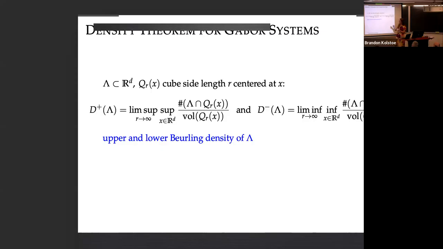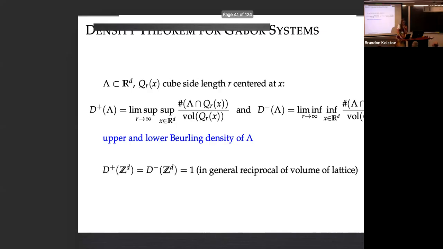Now I'm just going to take the 2 mentions of sup and replace with inf, and that's going to be the lower Beurling density. These play a really powerful role in trying to determine whether or not a Gabor system could even possibly be a certain frame-like system. I'll note here that the integer lattice has upper and lower Beurling density equal, and both are equal to 1. And in general, if you have a lattice, the reciprocal of the volume of the lattice is going to be the upper and lower Beurling density.